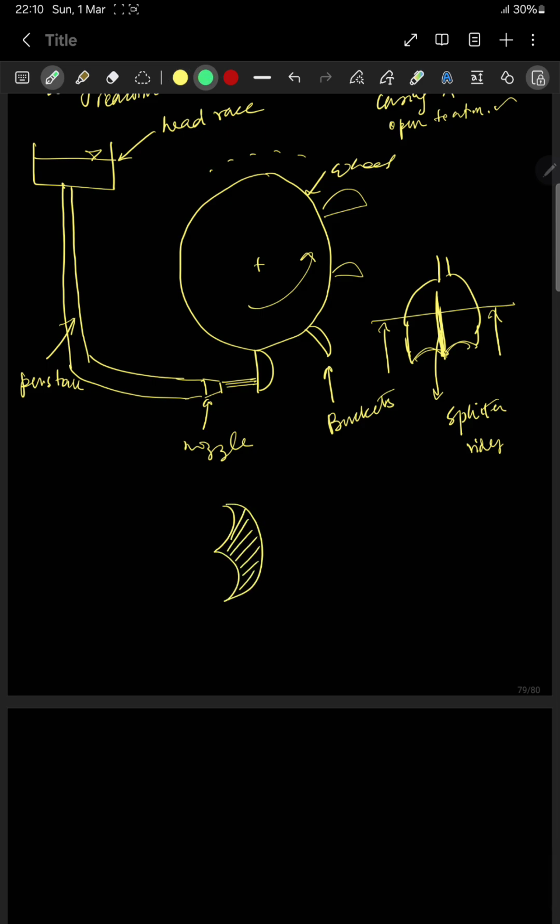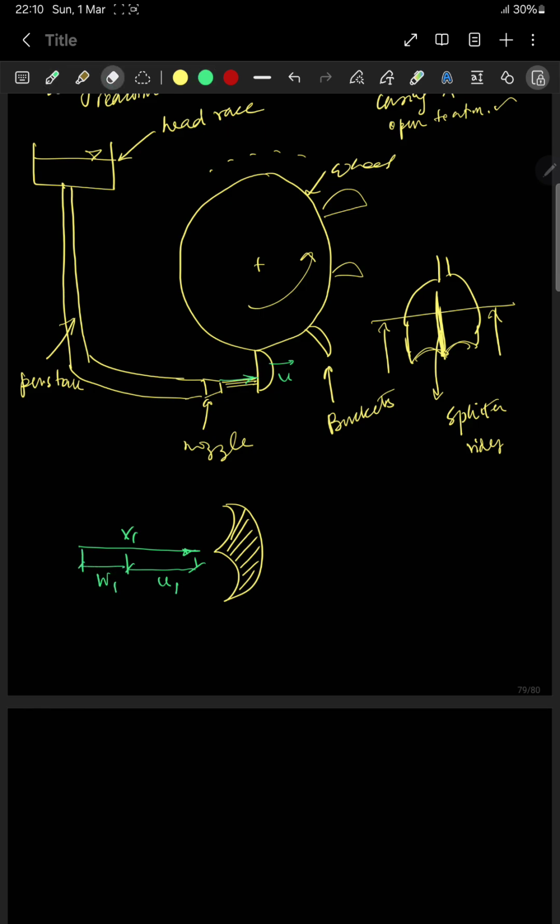Okay, this is the inlet velocity. This one is v1. This nozzle moves with the velocity of u. So this is u. This is w1.